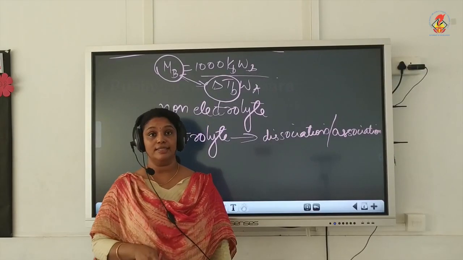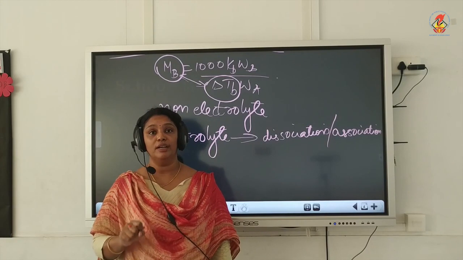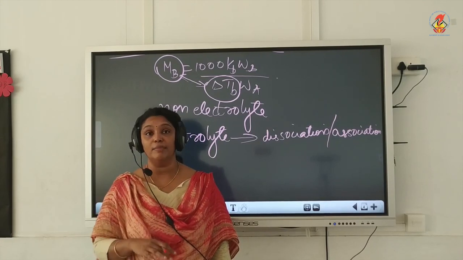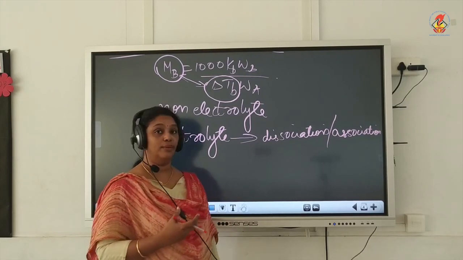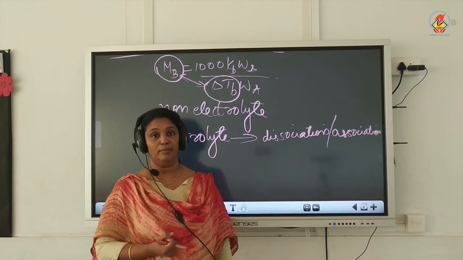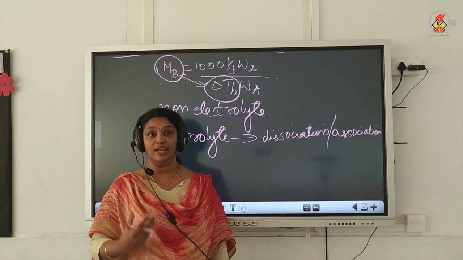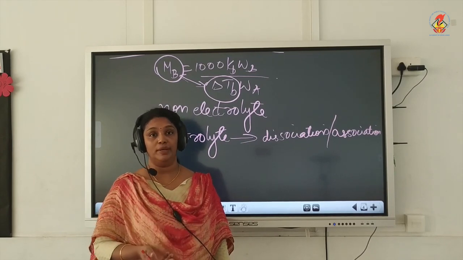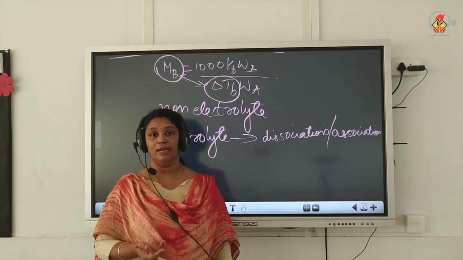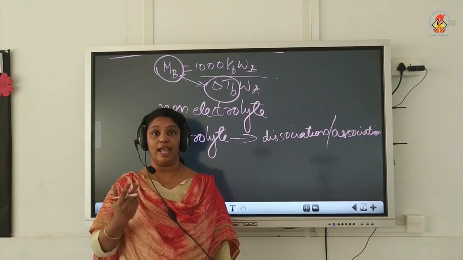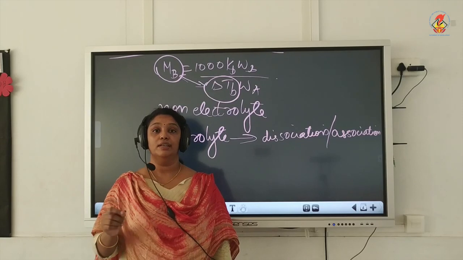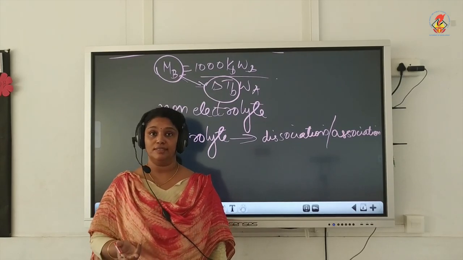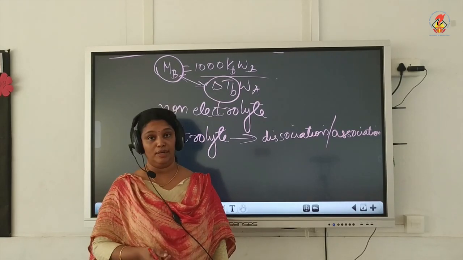Now in this case, the value of molecular mass obtained will not be the same as the normal molecular mass, and we call this value the observed molecular mass. That is the molecular mass value that we get from the colligative property. The other one, the actual molecular mass that we calculate, is our normal or calculated molecular mass.